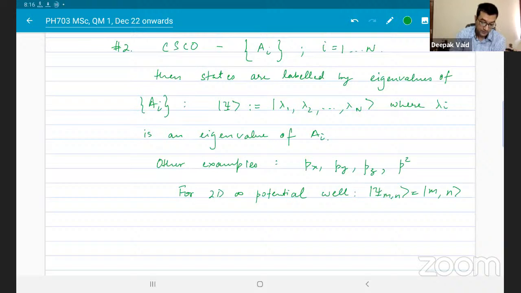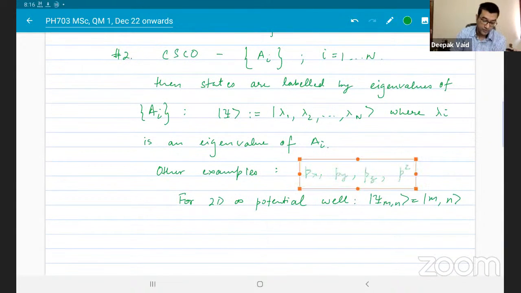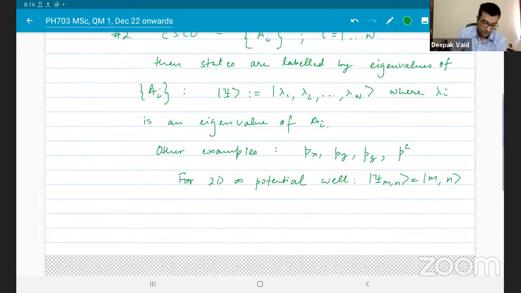Okay. So we don't need all four of these operators. We need a complete set. So we can take either Px, Py, and Pz, or Py, Pz, and P square, right? You can have different combinations.